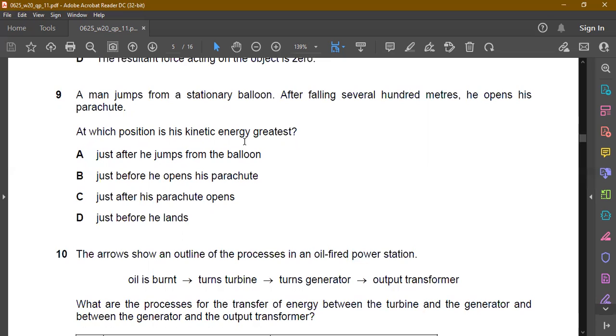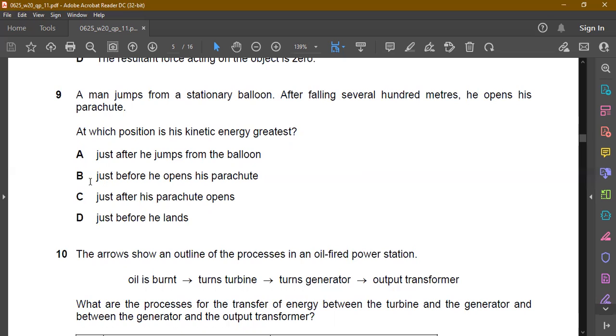Then when he jumps, the velocity increases until the man opened the parachute. When he opened the parachute, the velocity drops significantly.